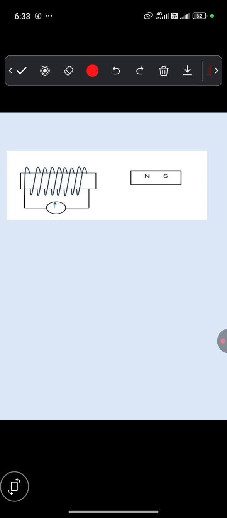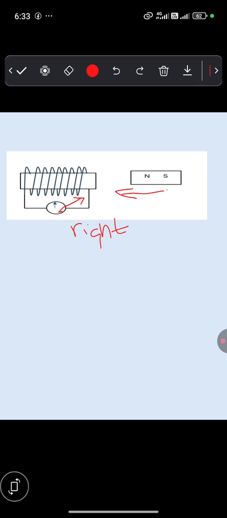Now, if you make the magnet approach, then the needle will also try to approach it. So it deflects to the right. That's how you can know it.